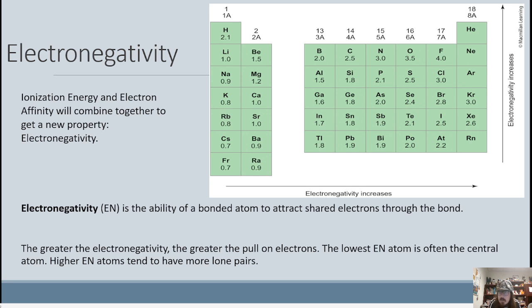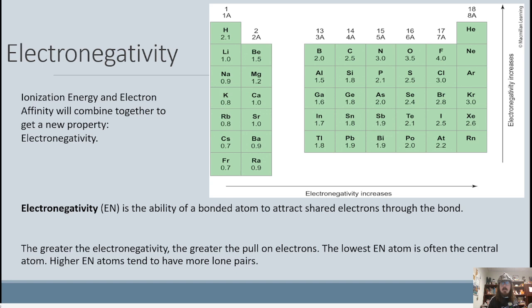So the lowest electronegativity atom is almost always the central atom. If I had S's and O's, S is going to be center, O is going to be outer. O is going to have more lone pairs. With S's and N's, S is probably going to be center, N is going to be outer. But with S and P, S is going to be outer and P is going to be center, just based on electronegativity.